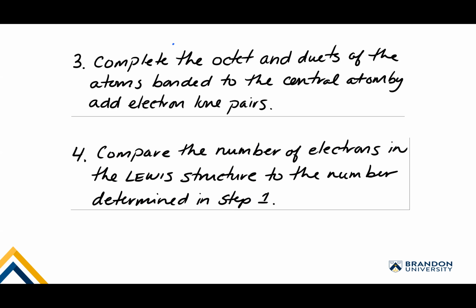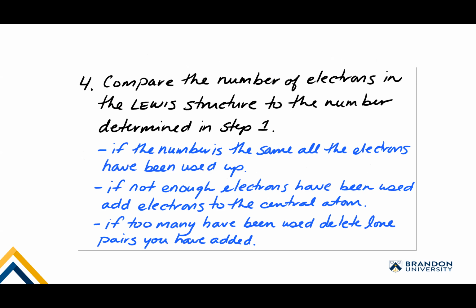Do we have too few, or do we have too many? If we have the right amount, then perfect, we don't need to do anything else. If our structure is missing some electrons, then we need to add those electrons to the center atom. And if by chance we have too many electrons, we have to remove some of the lone pairs from the atoms on the periphery.